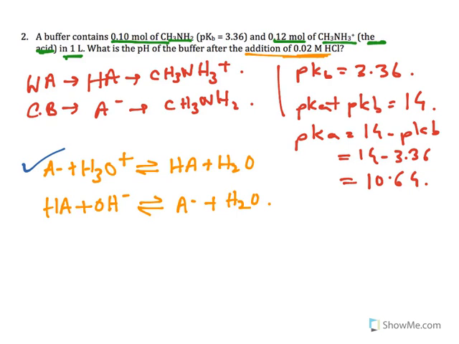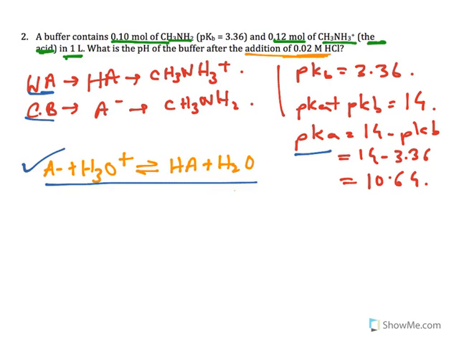Now that we know our pKa value, our weak acid and our conjugate base, and also the reaction that we're going to use, we can move on to the ICE table. To start, we write down our initial conditions. Initially, we're given that we have 0.10 moles of CH3NH2, which is our base.